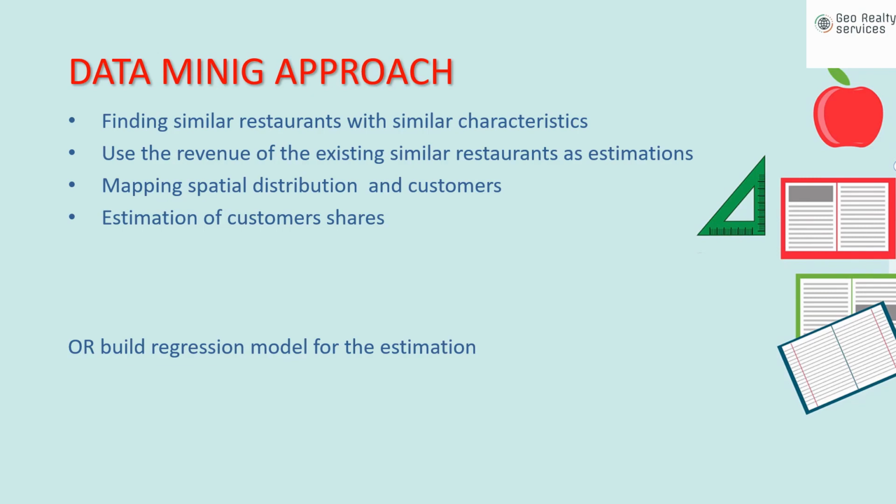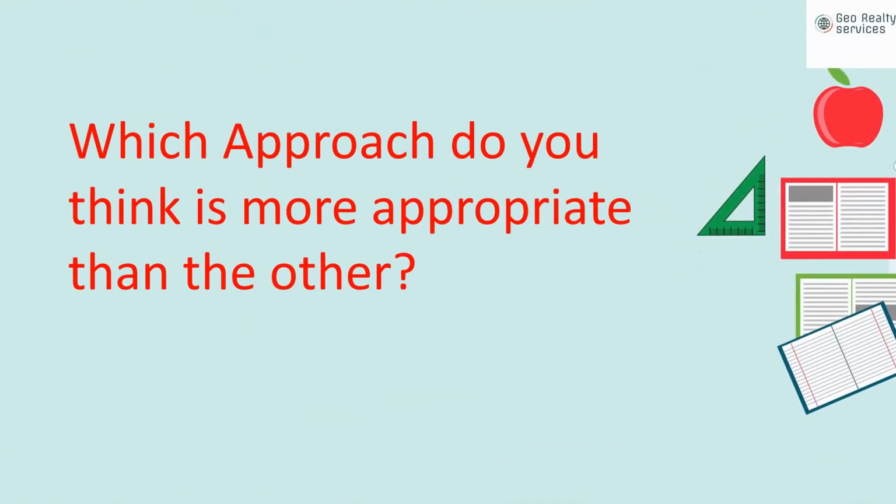Which approach do you think is more appropriate than the other? In general, the data mining approach works very well in the case of small retail shops, such as a coffee shop. On the other hand, the causality approach works better for larger stores, such as grocery stores, department stores, and so on.